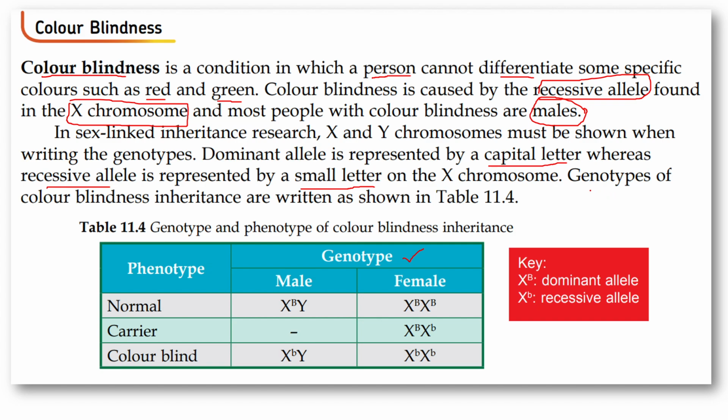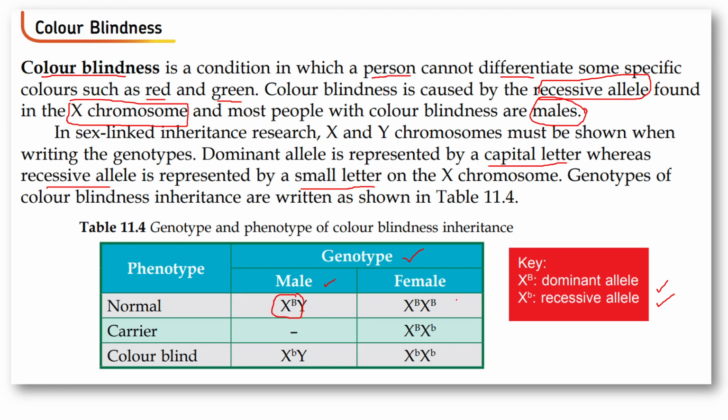Now let's look at the genotypes of color blindness as shown here in the table. First, let's again look at the key indicator. If it is X and then capital B, this represents the dominant allele. But if it is a small b, this represents the recessive allele. For a male with normal eyesight, this is X capital B, meaning the absence of a recessive allele, therefore the male is having normal eyesight.